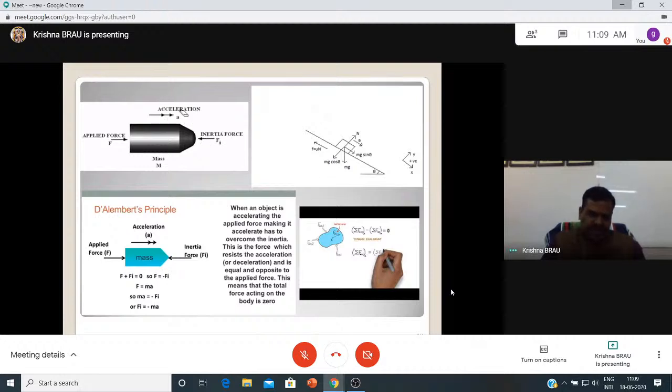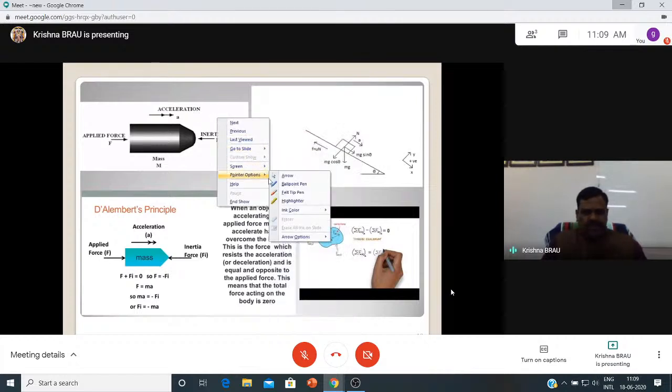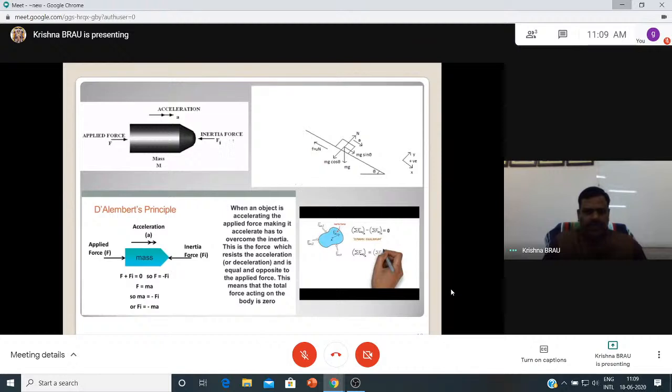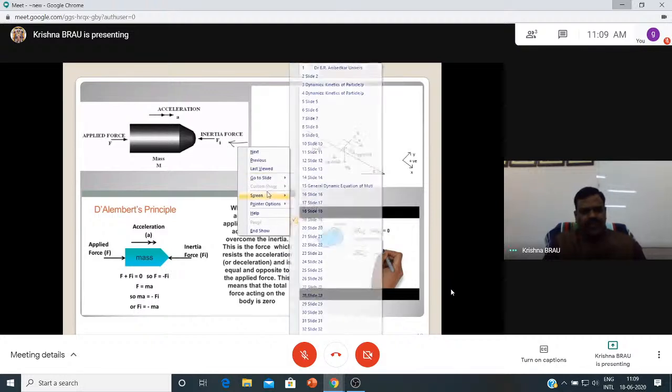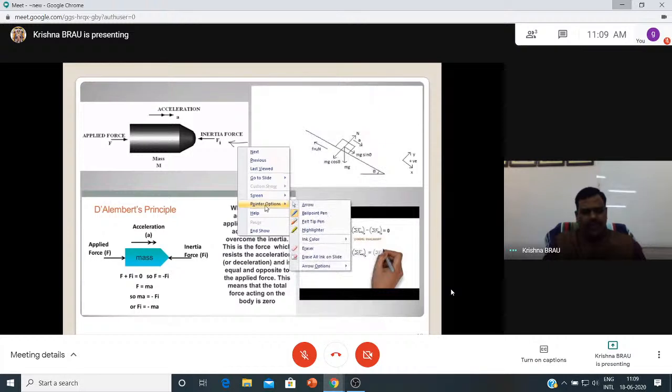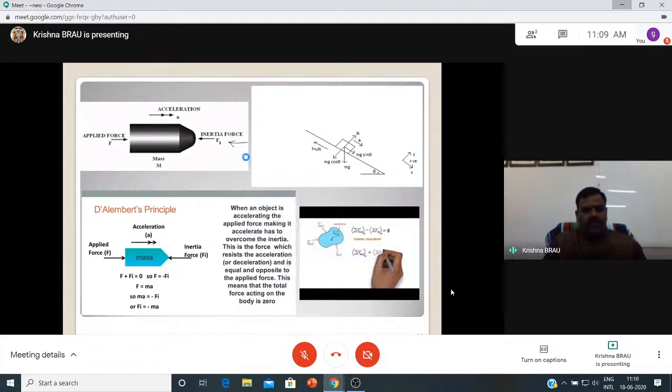This is the acceleration direction, but I am applying the inertia force in the opposite direction. So this is what we will apply, and now the body will be in equilibrium.